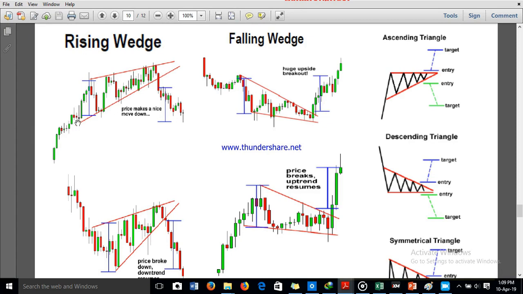A rising wedge is one where, if you draw your patterns, you see it going up. The upper line is going up, and the lower line is also going up, and when that happens, that means there will be a bearish candle going down.